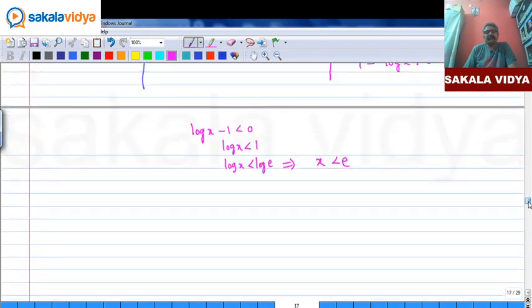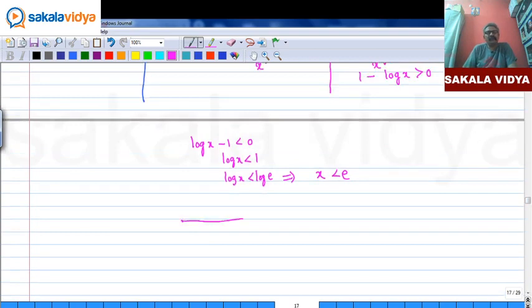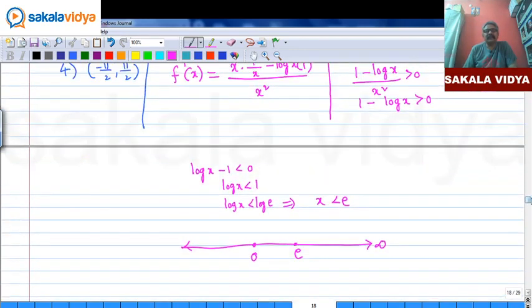So, let us take a number line. This is 0 and e lies in between, and this is infinity. Now, what is the domain here? x greater than 0, so you shade like this.